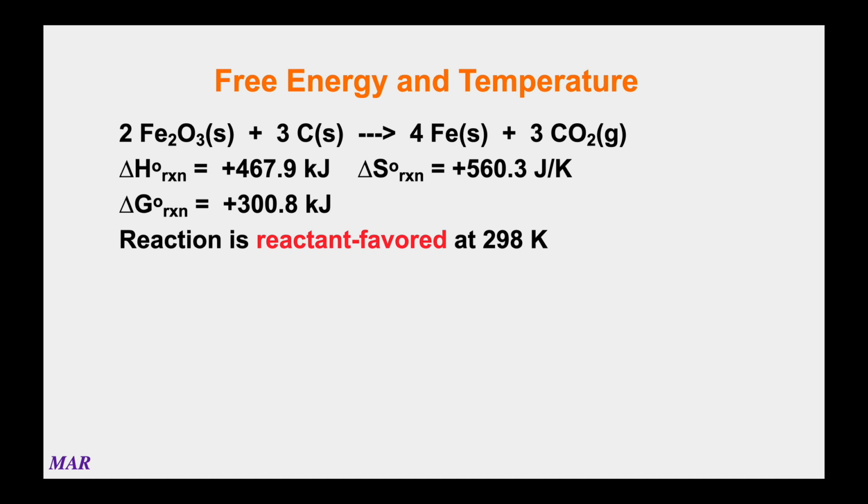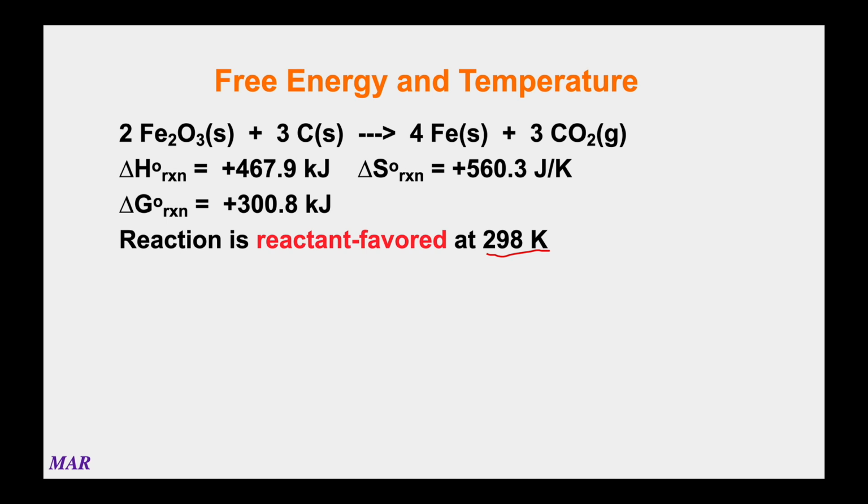So this reaction, because of the positive delta G, is reactant favored, non-spontaneous at 298 Kelvin. So initially, if you see a positive delta G, it might be kind of discouraging. If you really want to take iron(III) oxide and turn it back into iron, that would be discouraging because positive delta Gs are the ones that don't usually happen.